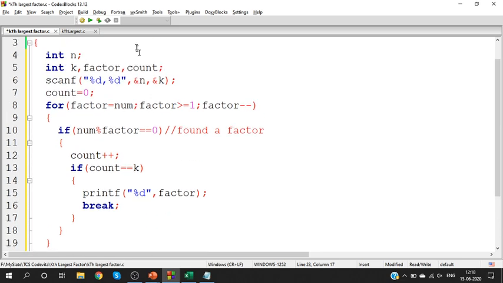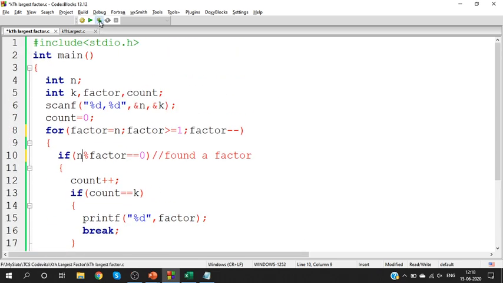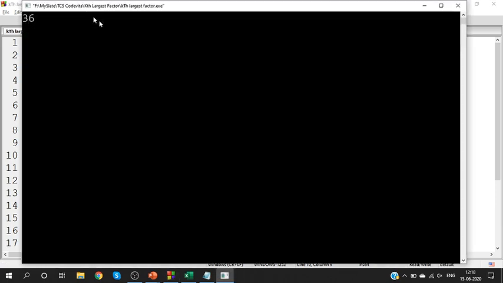Yes, I'm going to try it with 36. Factor greater than or equal to 1, factor minus minus. Okay, it is n, not num, it is n. Sorry. So now let me execute it. For 36, comma, first largest.